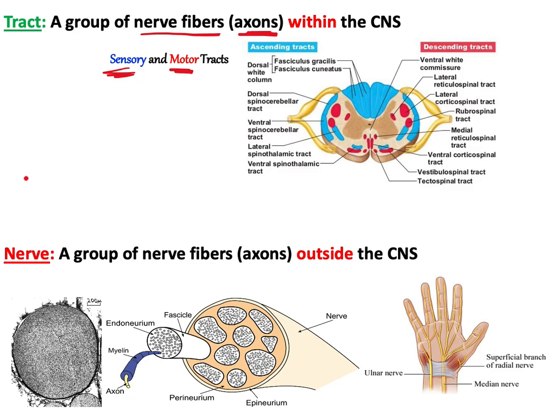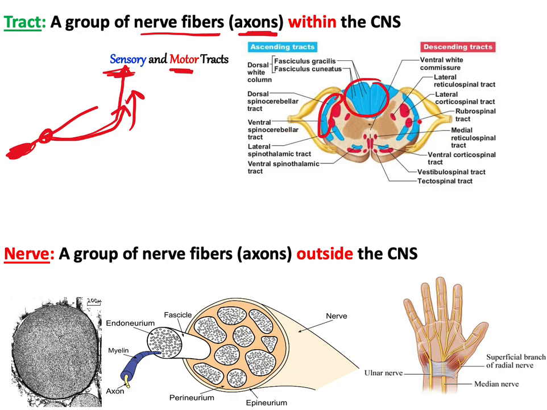That means when you, for example, handle a hot spoon, you get sensations. These sensations will be carried through, of course, you have here a neuron, the cell body of a neuron, and this is the axon of the afferent neuron. The sensations will be carried through the sensory pathways, right?